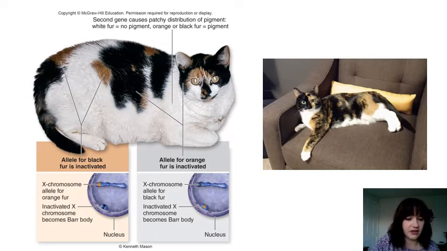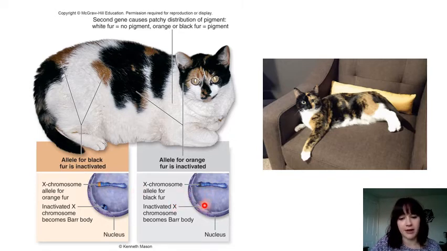And in this case on the left, let me get my pointer out, the one that randomly was chosen to be shut down into this Barr body was the chromosome with the black allele. And so only the orange allele is going to be expressed in that cell. So it's going to produce orange pigment.